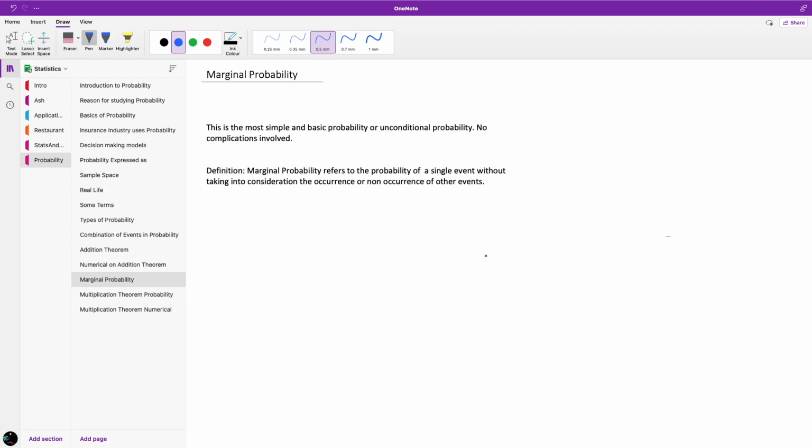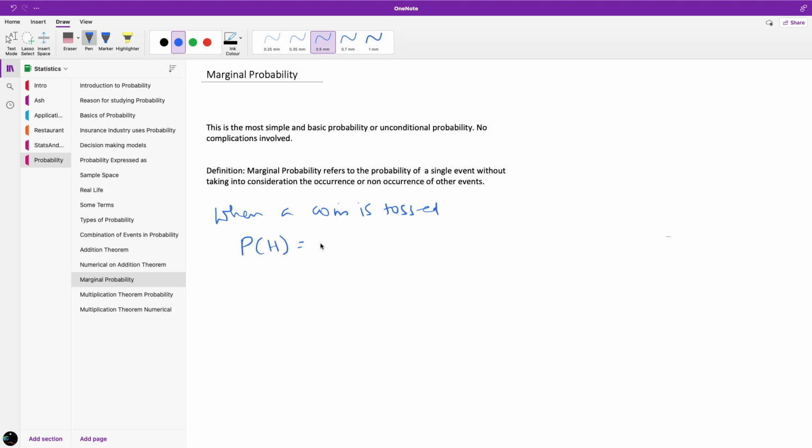We can talk about a coin tossing experiment. What is the probability of getting a head when a coin is tossed? We are talking about a single event, and we are not talking about other events or their non-occurrence.